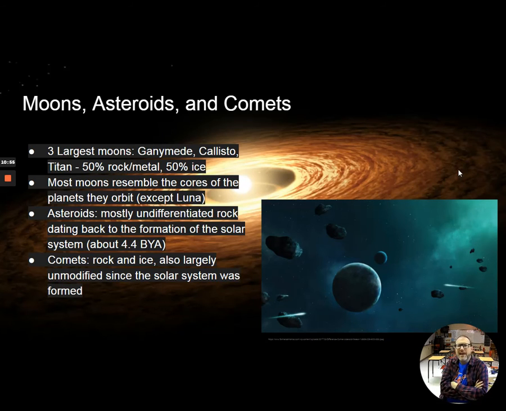By contrast, asteroids and comets have, we believe, existed largely unchanged and undifferentiated since the formation of the solar system, which our best guess right now anyway on the date is somewhere around 4.4 billion years. Asteroids are mostly rock. Comets differ from them by being about half rock and half ice.